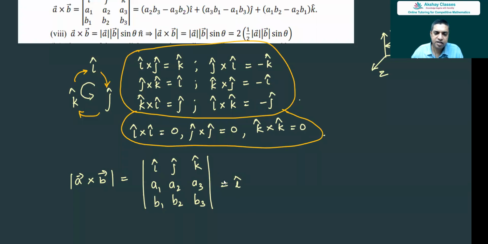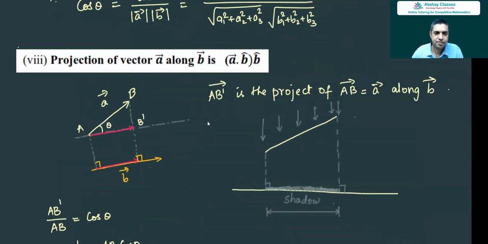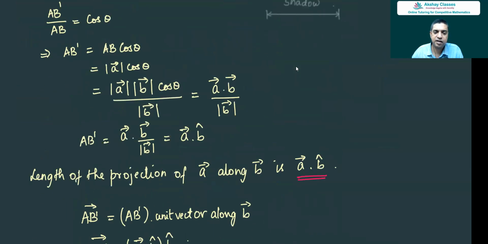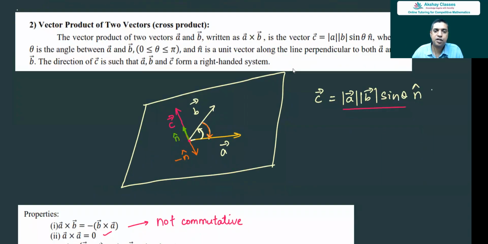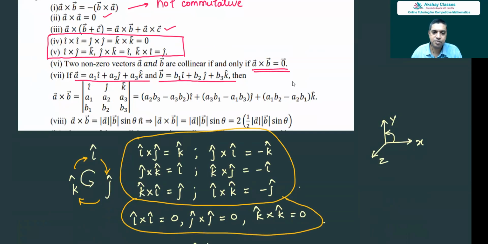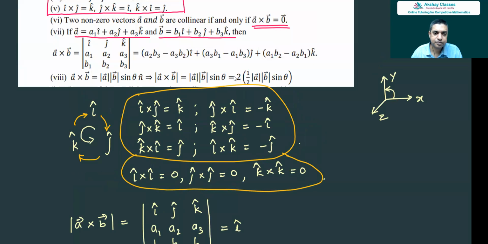How do we arrive at this? By actually doing the cross product, just like the way we did the dot product. If you multiply, you will have 9 terms, 3 into 3. Of the 9 terms, 3 terms will get eradicated and we'll be left with 6 terms, and we can show that that is the determinant.